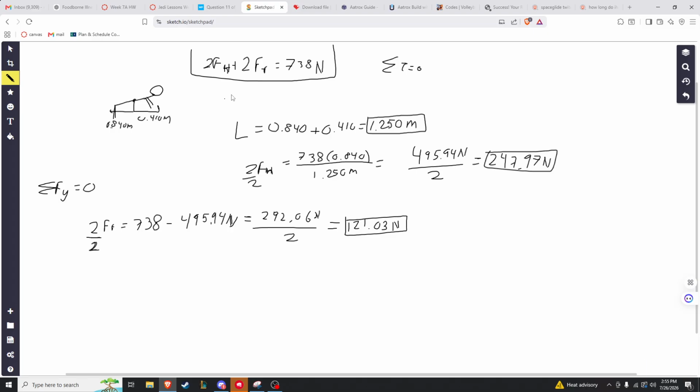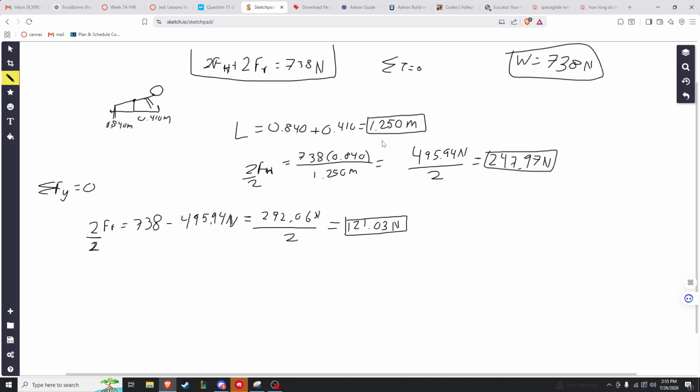So ultimately, we were given the weight of the entire person.